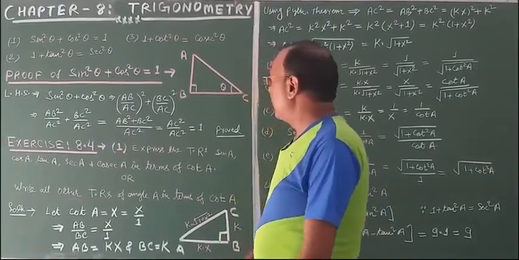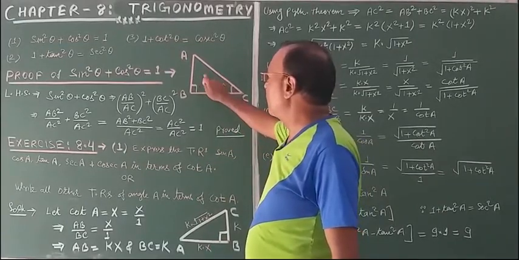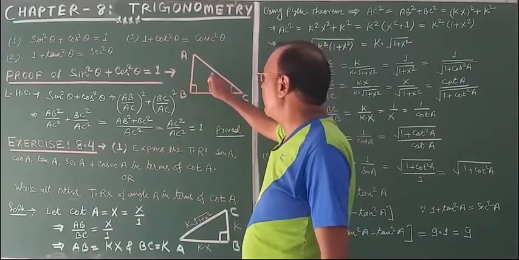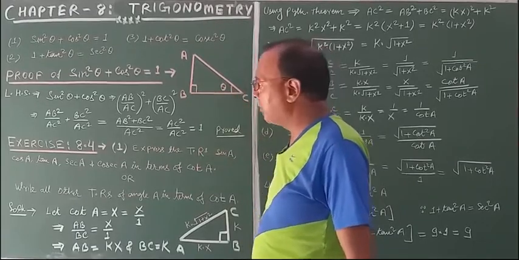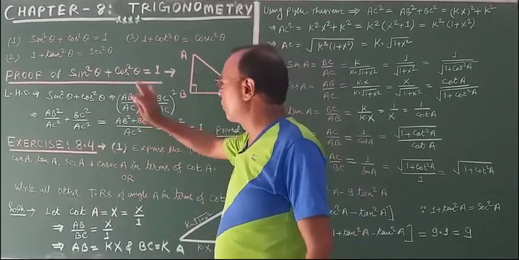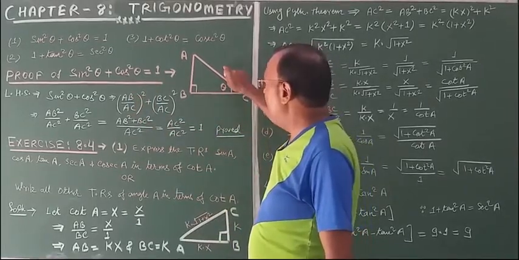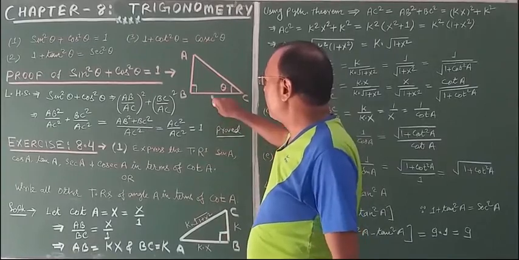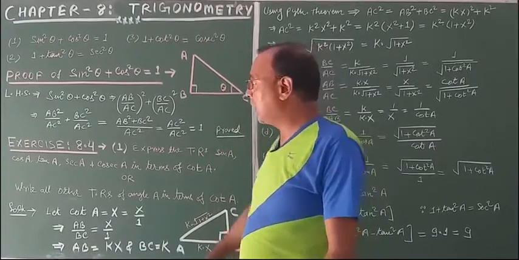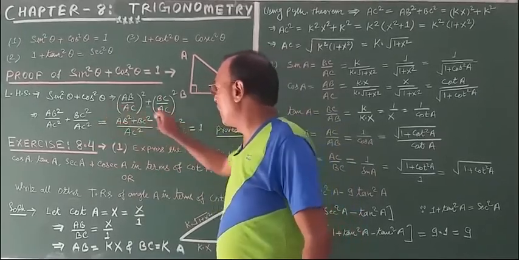What is sin theta? Sin theta is perpendicular upon hypotenuse, that is AB upon AC. So what we can write in place of sin theta? AB upon AC whole square plus cos theta is base upon hypotenuse, that is BC upon AC. So what we can write in place of cos theta? BC upon AC and whole square is there.